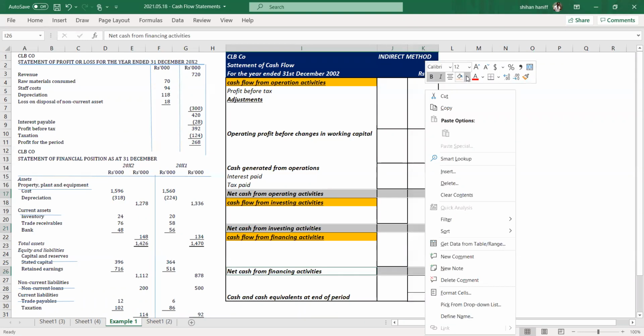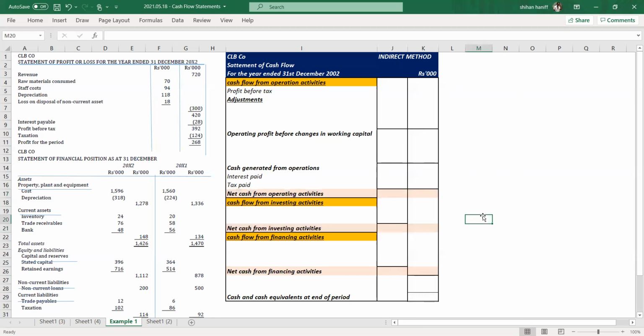These 3 only we need to find. Draw this.